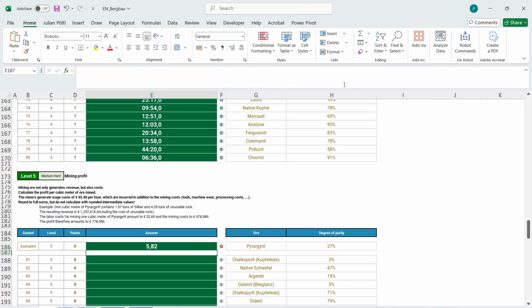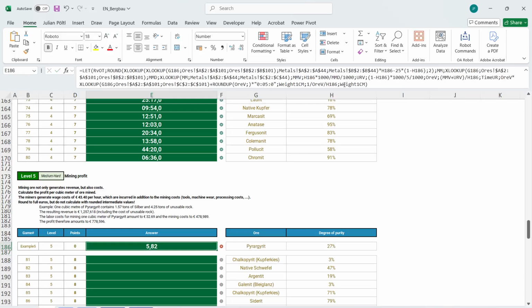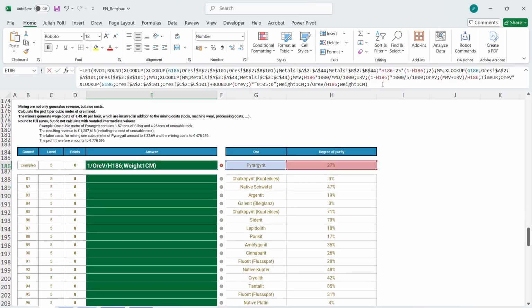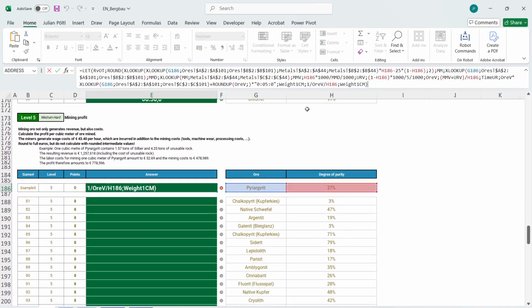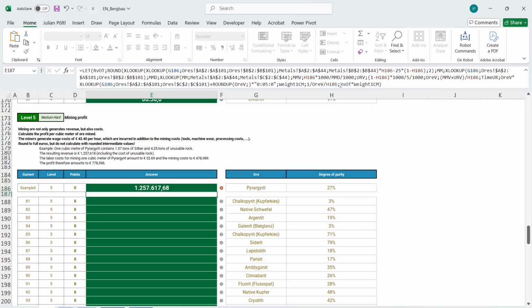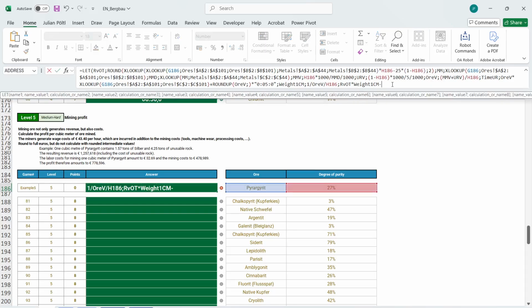Weight 1 cubic meter, and this is the time for 1 unit of main metal. So time unrounded offers the revenue 1 ton, multiply with weight cubic meter. It's the value given minus time unrounded.